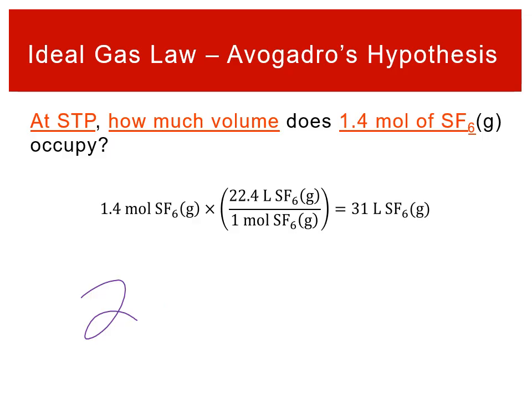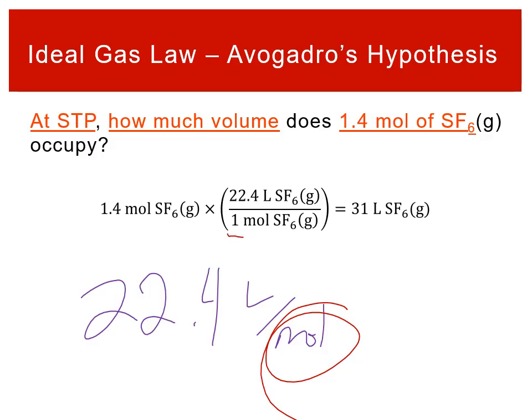Okay, so if we want to know how much volume 1.4 moles occupy, we know it's 22.4 liters per mole, right? And so that's a compound unit. We know that per mole gives us that 1 mole when we're using that conversion factor in an actual problem. Just like we've seen with grams per mole, that's 1 mole on that side of the equation.